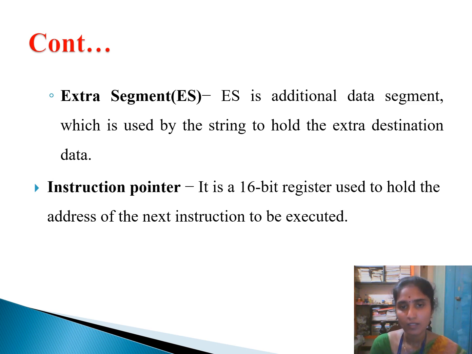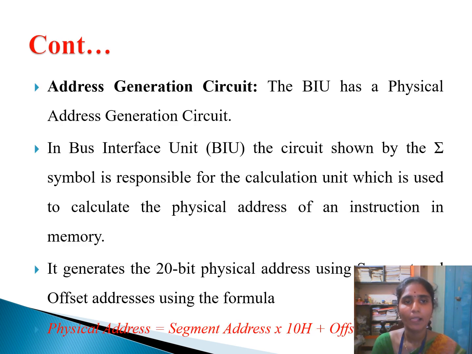The 8086 microprocessor has 16-bit registers. All the registers are 16-bit because the 8086 is a 16-bit microprocessor. The instruction pointer is used to hold the address of the next instruction to be executed. Next, the address generation circuit.